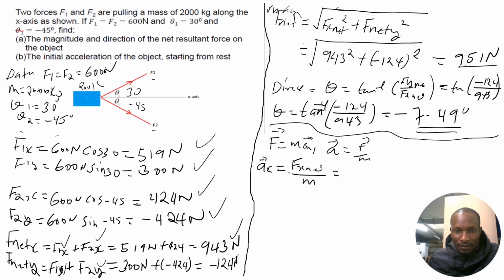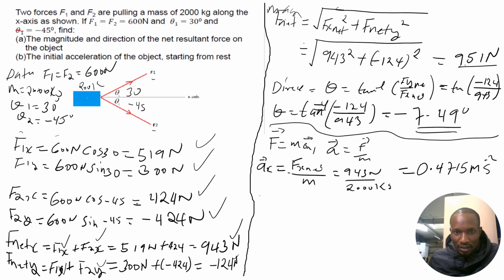We found in the x component is 943 Newton divided by mass, which is 2000 kilogram, and that's gonna give us an acceleration of 943 divided by 2000, and that's gonna give us 0.4715. Because it's acceleration, we say then it is meters per second squared.